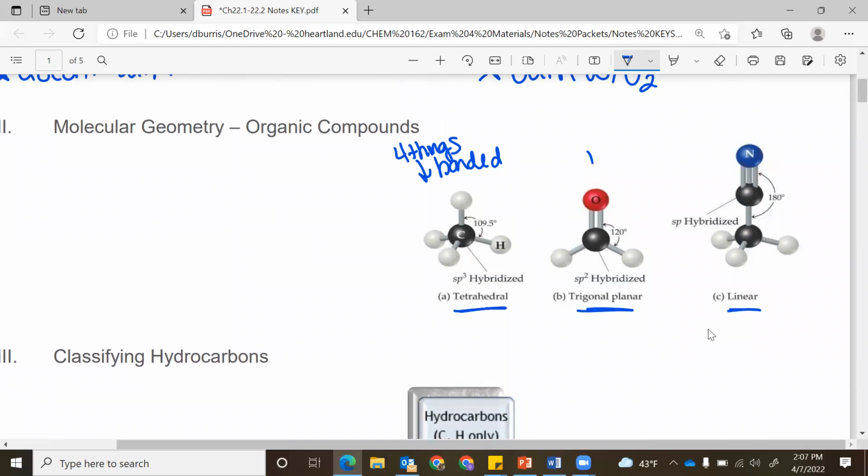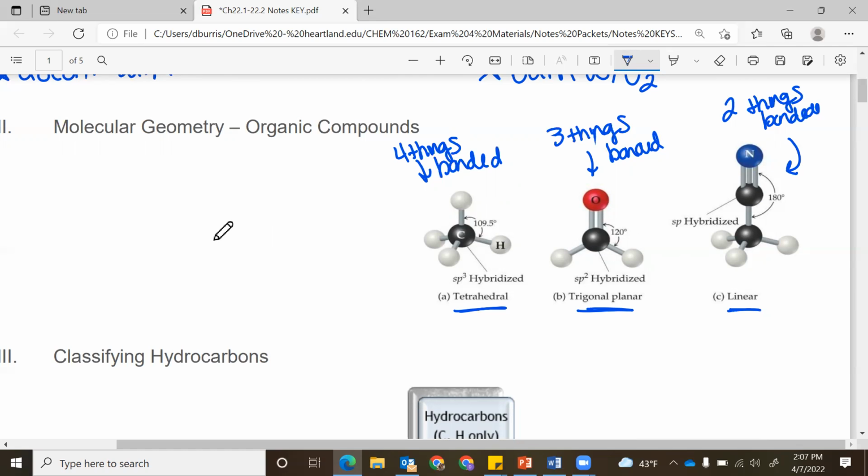If it is 3 things bonded, it is going to be trigonal planar and have 120 degree angles. And if it's only got 2 things bonded to it, it is going to be linear. Those are really the only 3 that you're going to see with carbon. We're going to throw in some oxygen and nitrogen, and they all bond with carbon as well, but those are the only shapes you're going to see.